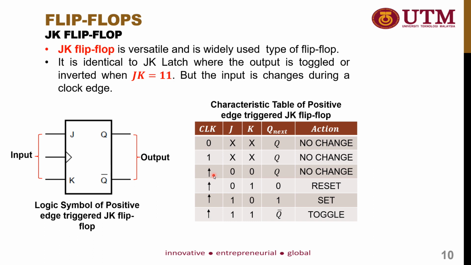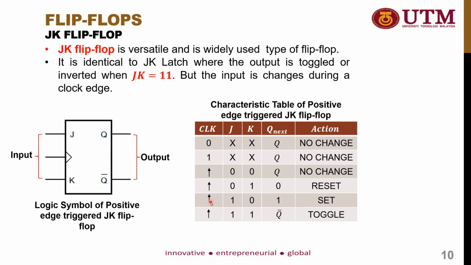For the rising edge, if J is equal to 0 and K is equal to 0, there is no change at the output. It means that the JK flip-flop is in data storing mode. For the next row, it shows that on the rising edge, if J is set to 0 and K is set to 1, the Q next will become 0, and it means that the JK flip-flop is in reset mode.